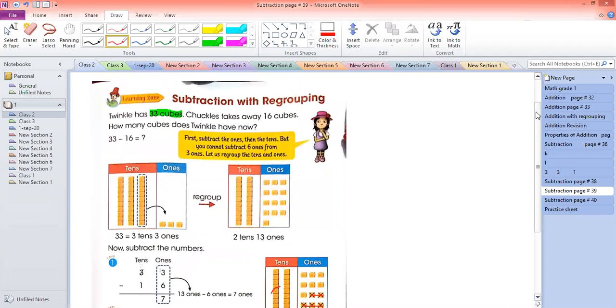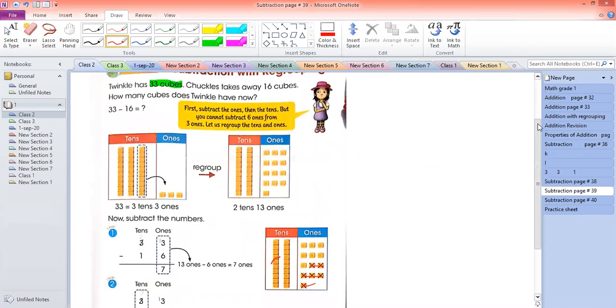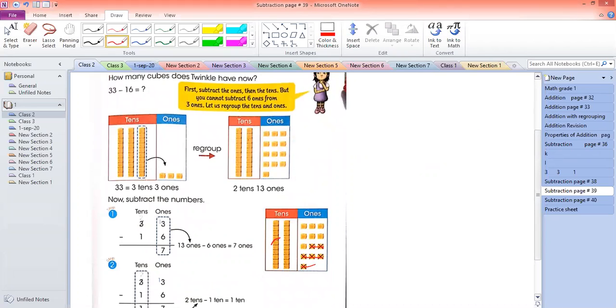When you are subtracting any number, like suppose 33 and 16, and 3 is smaller than 6, you have 3 ones and you have to minus 6 ones.